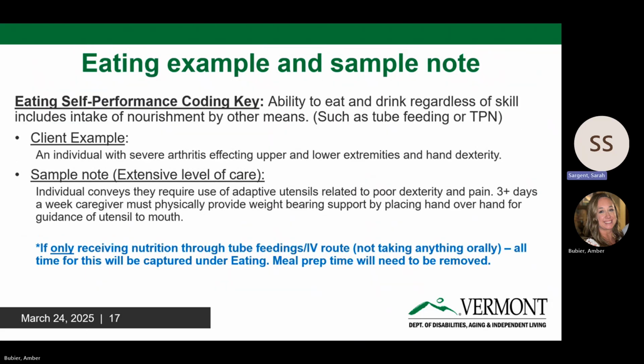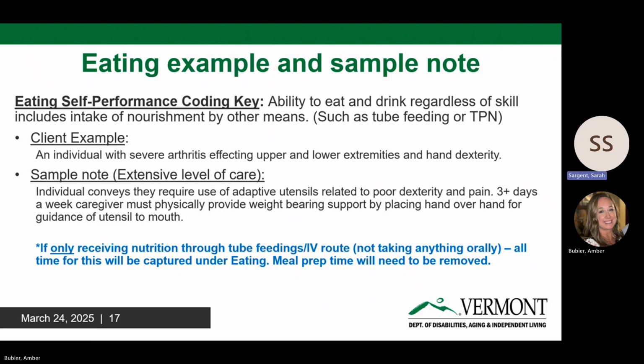Here is the eating example, sample note, and coding key definition. Ability to eat and drink, regardless of skill, includes intake of nourishment by other means, such as tube feed or total parenteral nutrition. Client example: an individual with severe arthritis affecting upper and lower extremity and hand dexterity.